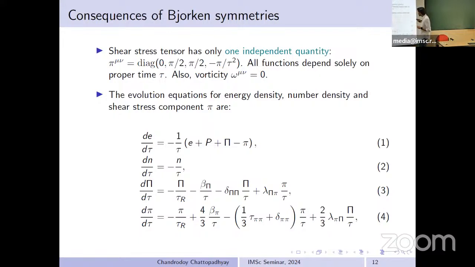For this simplistic flow profile, the shear stress tensor has only one independent degree of freedom, which I denote as small π here. All functions depend only on proper time. There is no vorticity in the fluid. It's just a simple one-dimensional expansion. So we have four evolution equations for the energy density, net baryon density, bulk viscous pressure, and the shear stress tensor. The goal is to solve them for some initial condition and see what comes out.